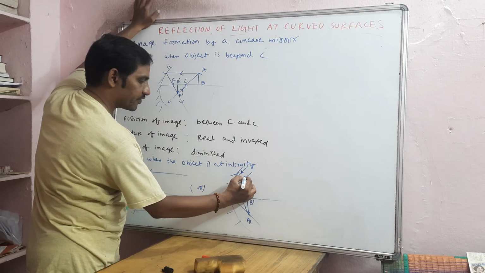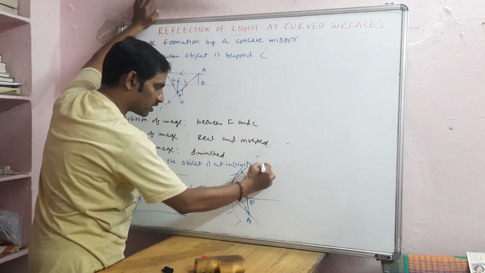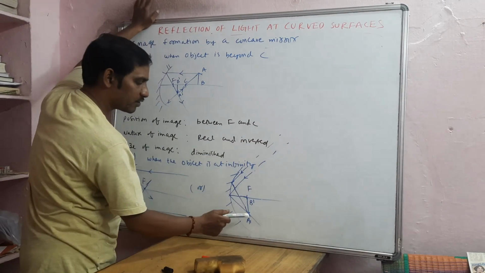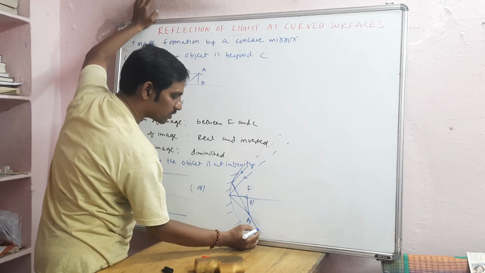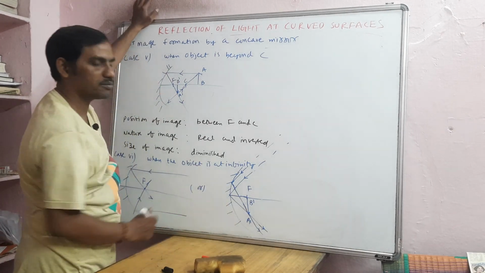Why? Because from infinity something is coming, like a mountain, so the object will be bigger than the image, so you have to take it as a diminished image only.